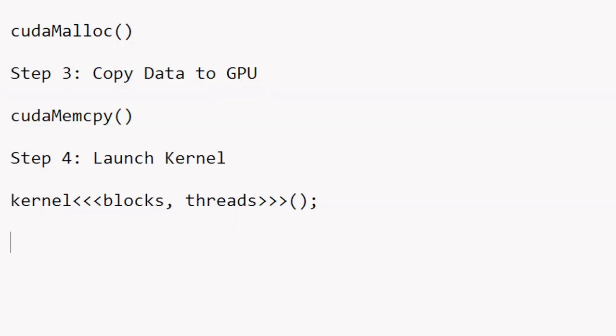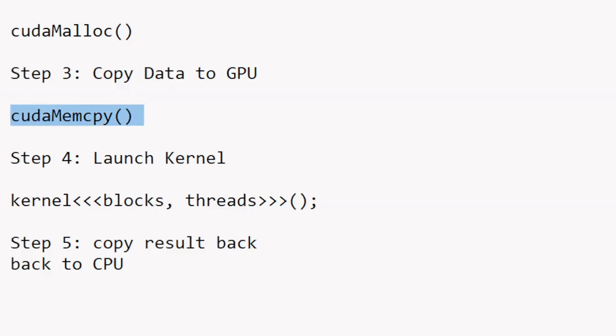Then in step 5, we copy the result back. After computation in the GPU, we bring the result of the computation back to the CPU, and again we use the same function to copy back.